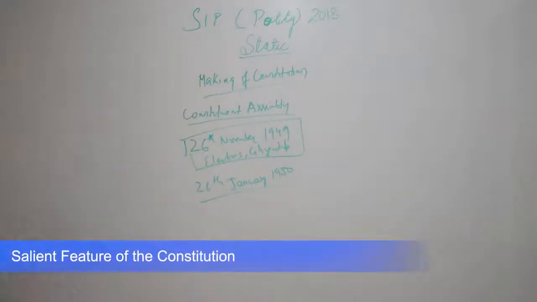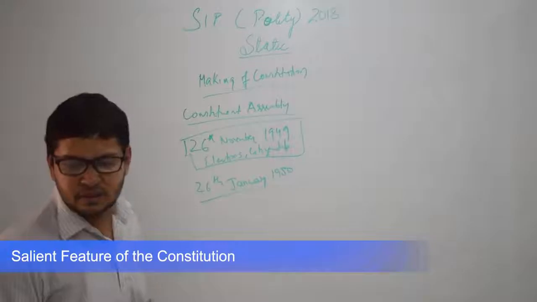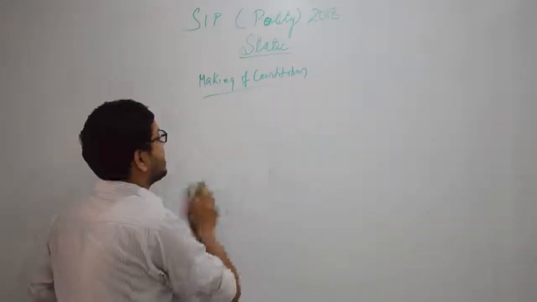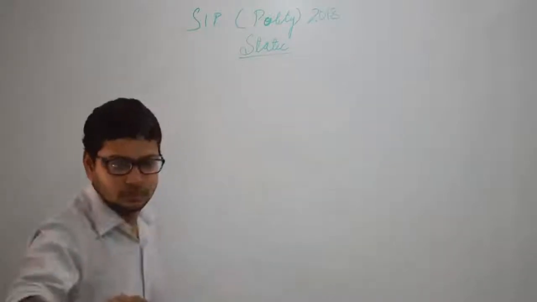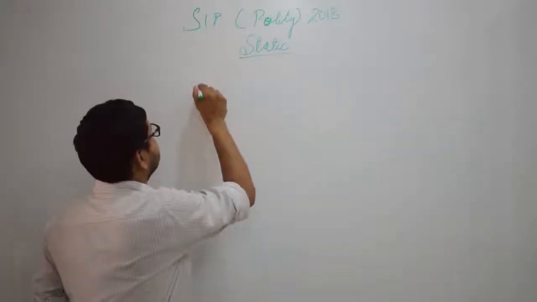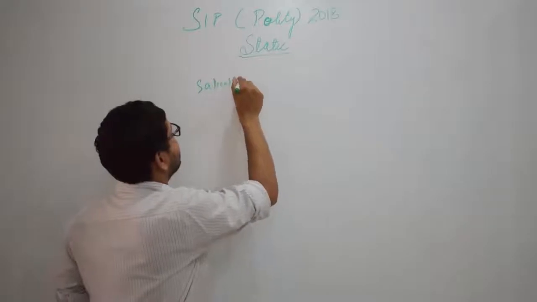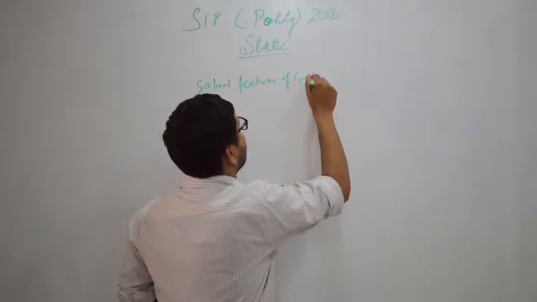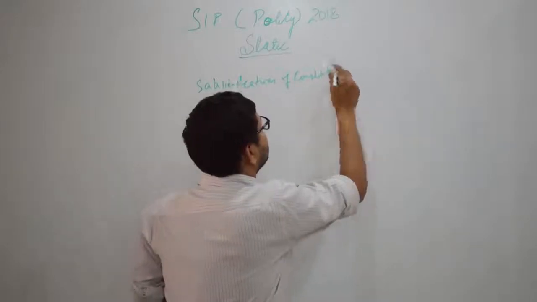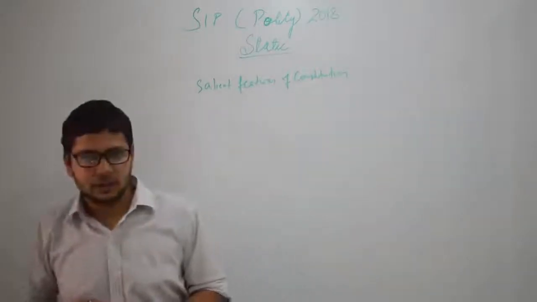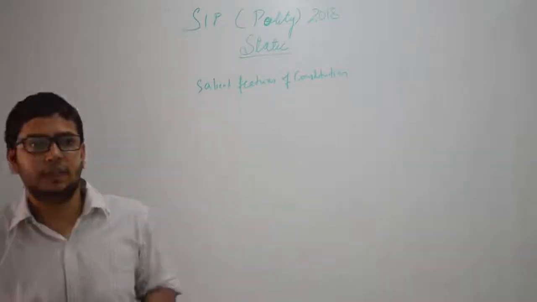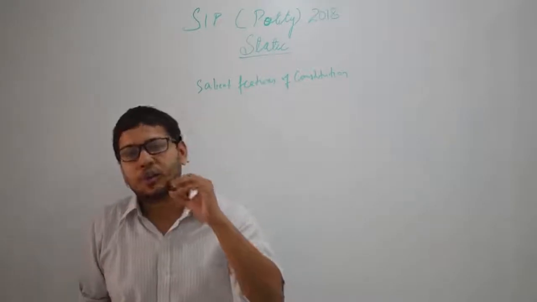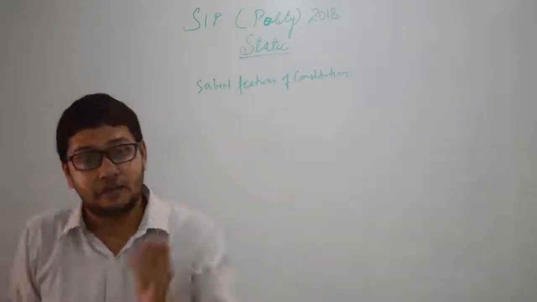We now go to the next chapter, which is salient features of the Constitution. This looks very simple, but it contains some words and lines on which UPSC asks questions every year.